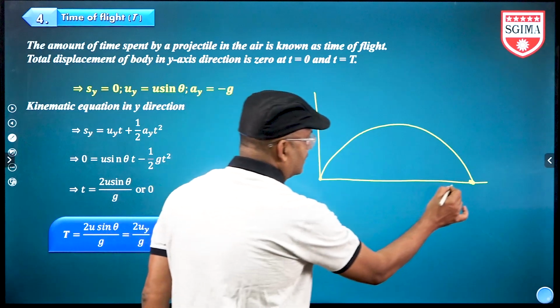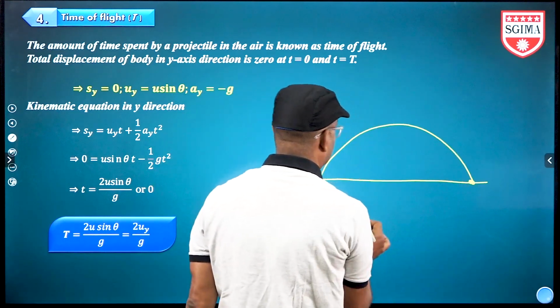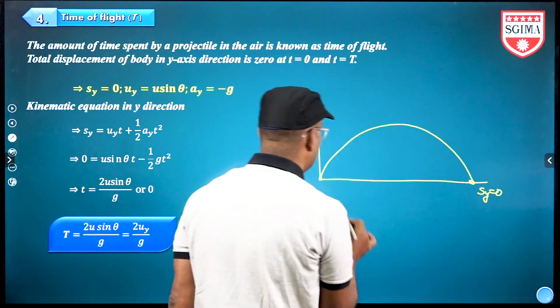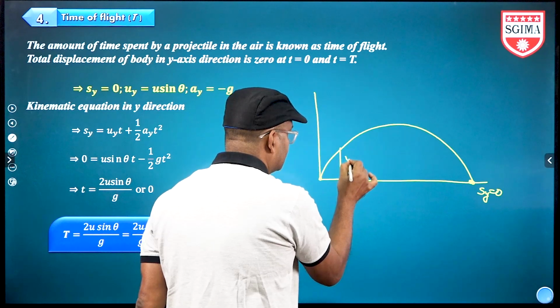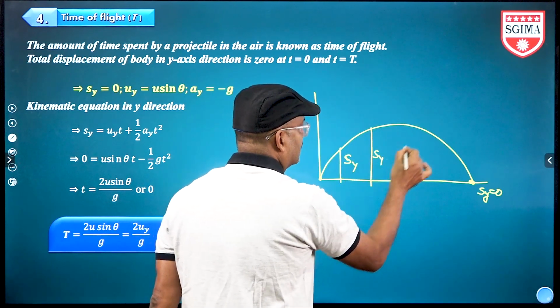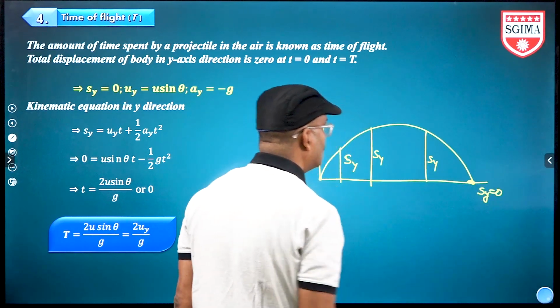At this time of flight, vertical displacement Sy is 0. Why? Here there is Sy. Here there is Sy. Here there is Sy. But here Sy is 0.